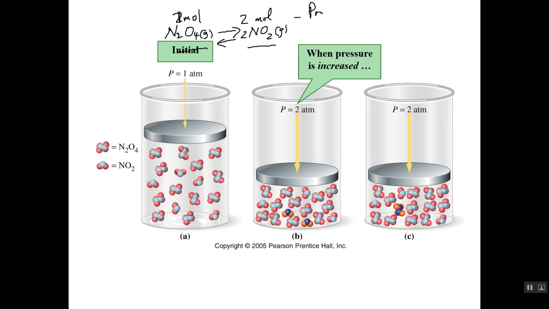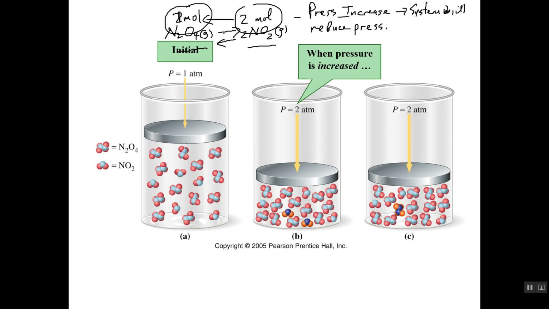So when the pressure increases, the system will try to reduce the pressure. There will be a shift in this equilibrium position from the right side to the left side, because you're going from 2 moles to 1 mole.